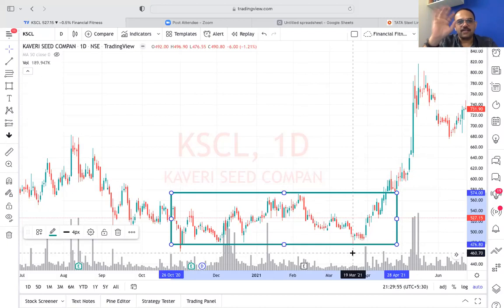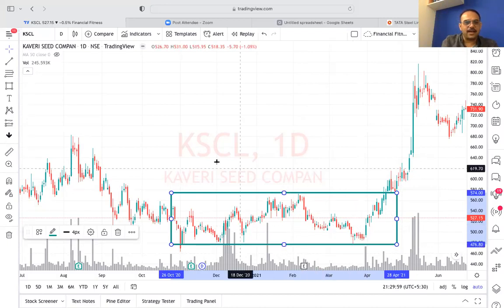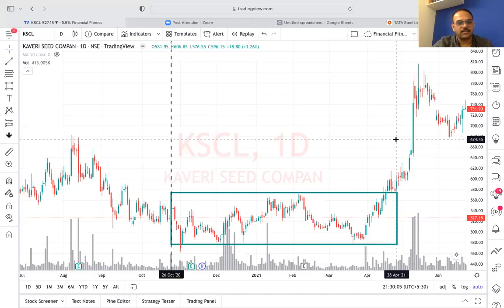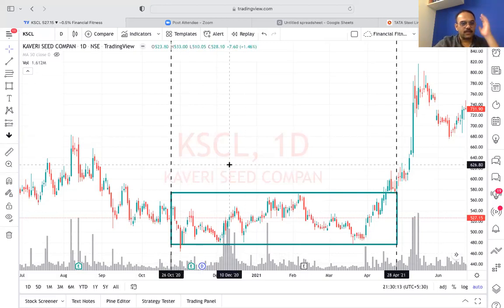But can I have a yes if you have understood the accumulation and how it looks on the chart? See how many months it took before it started going up, right? See, it started from October. So someone was accumulating Kaveri Seeds from October.